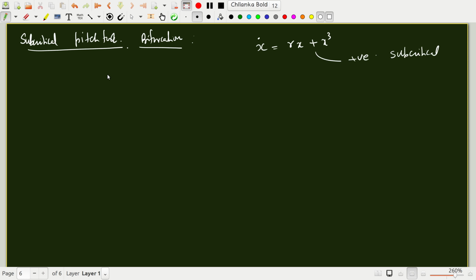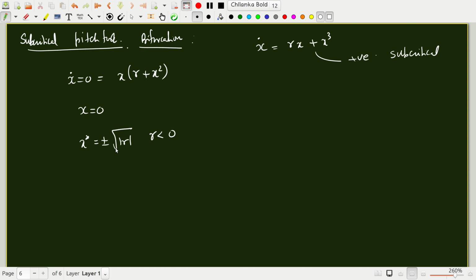there are, what are the steady states, what are the fixed points? What you will do is x dot is 0 is x into r plus x squared. So x equal to 0 is always a solution. Now for r less than 0, in addition to x equal to 0, you also have x star is equal to plus or minus square root of minus r, or rather I can just say it as square root of mod r.